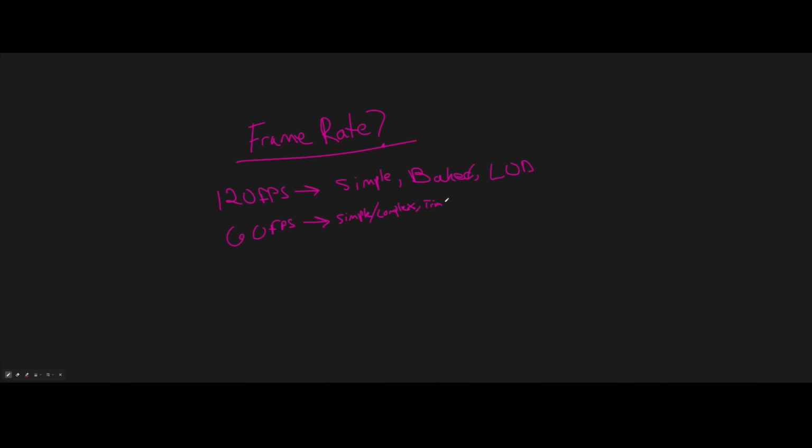Well, really for all of them, because trim sheets are just great, but just to give it a mention here, you're probably going to be using trim sheets. Baked or dynamic at 60 frames is really going to be an aesthetic choice, as well as certain dynamics that you might have. So if you want a full day-night cycle, that's easier to do with dynamic. But 60 FPS at least allows for dynamic.